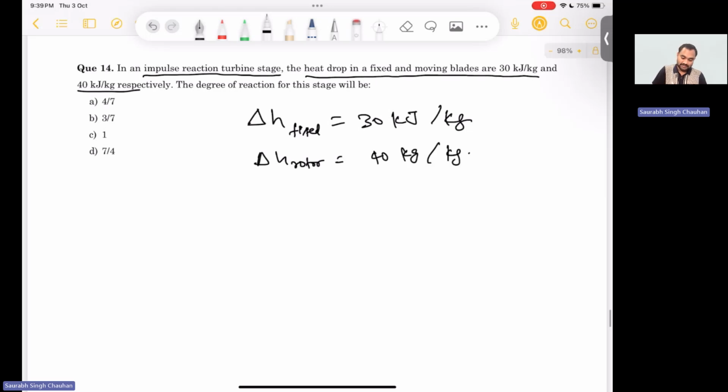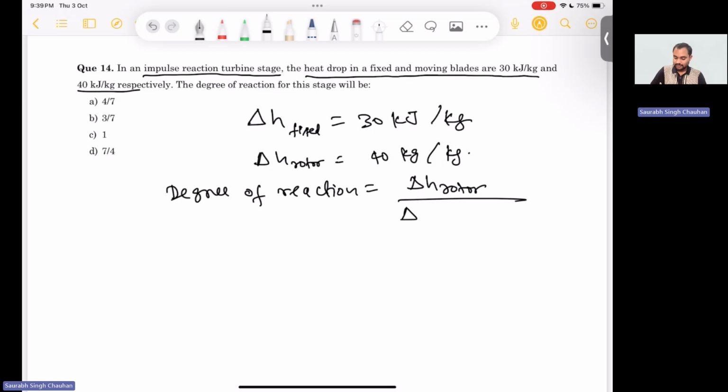So we have to tell the degree of reaction. Degree of reaction we have already discussed in some previous question, and it is the enthalpy drop in moving blades to the total enthalpy drop, right? So this fraction is called degree of reaction.